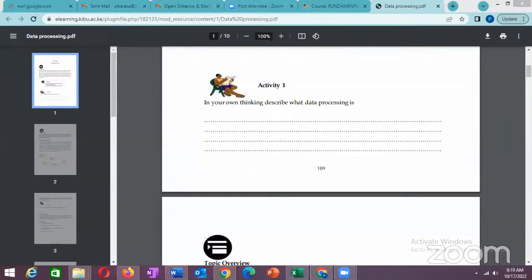What is data processing? In the chat box. I can see processing of data. What do you think is data processing? Structuring and recording of data to make it more useful. So keep responding. It's the process where raw data is converted into meaningful information. Change, data processing, manipulation.